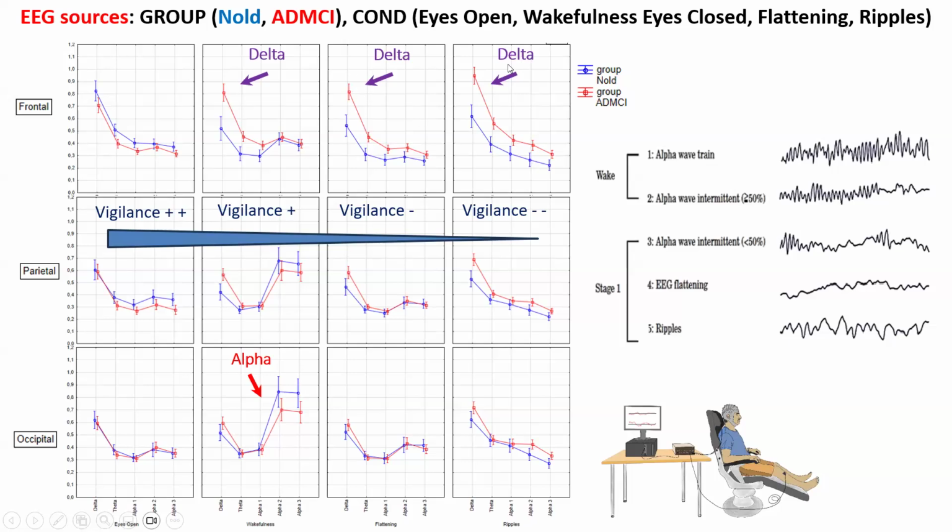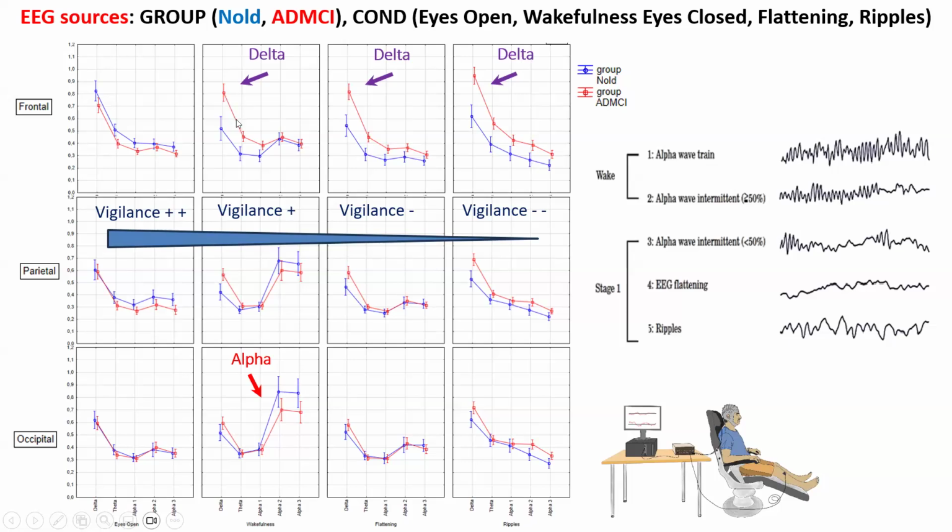In this particular experiment of my group, we also tested the difference in the transition from quiet vigilance to light sleep in this long EEG recording, diurnal, during late morning, and also in a group of Alzheimer's disease patients with mild cognitive impairment.